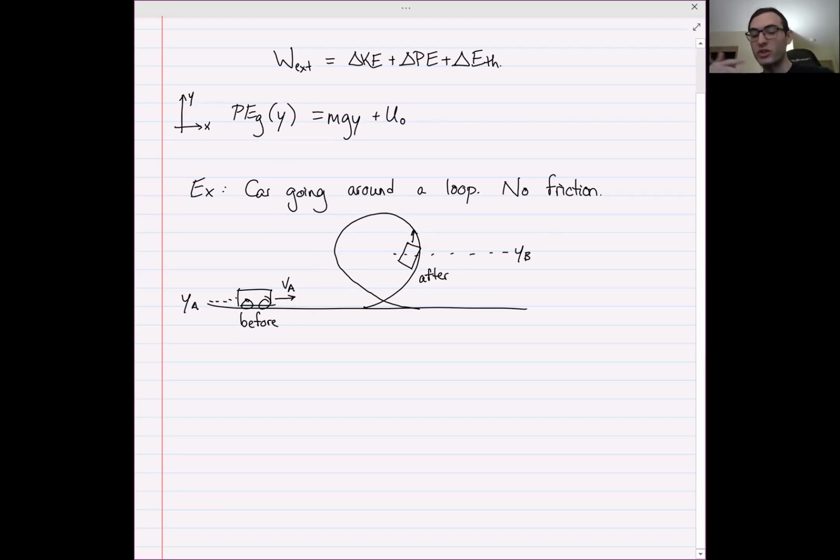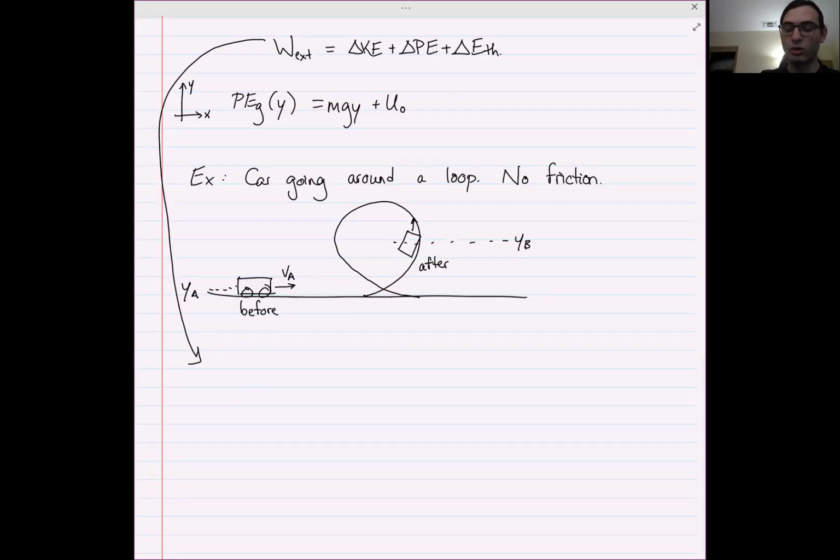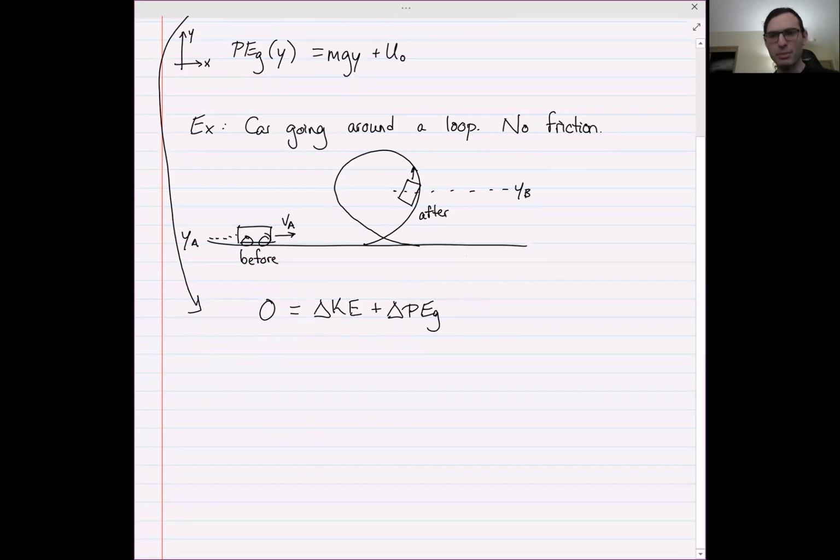The only forces that could be present are normal forces, and those never contribute to work, and gravity. So using this energy conservation equation, there are no external works. There's a change in kinetic energy, and a change in gravitational potential energy, and there's no change in thermal energy because there's no friction.